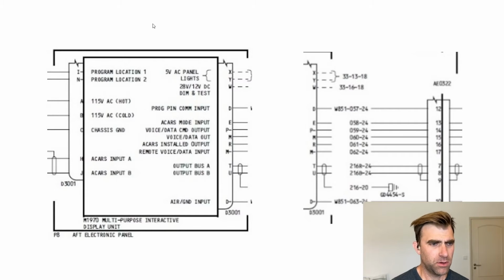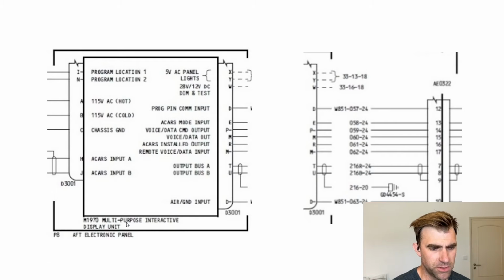All right, so next I wanted to take a look at the boxes and what the parts of those are going to be. So I apologize again here for the blurriness, and hopefully this shows up all right for you. But on the left here, this is a multi-purpose interactive display unit on the aft electrical panel.